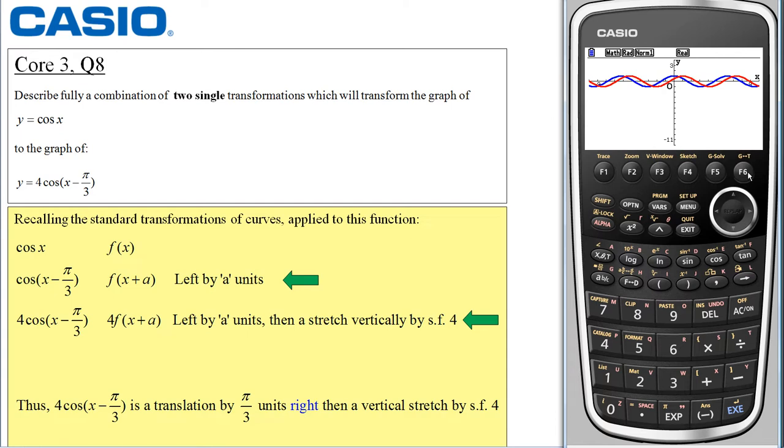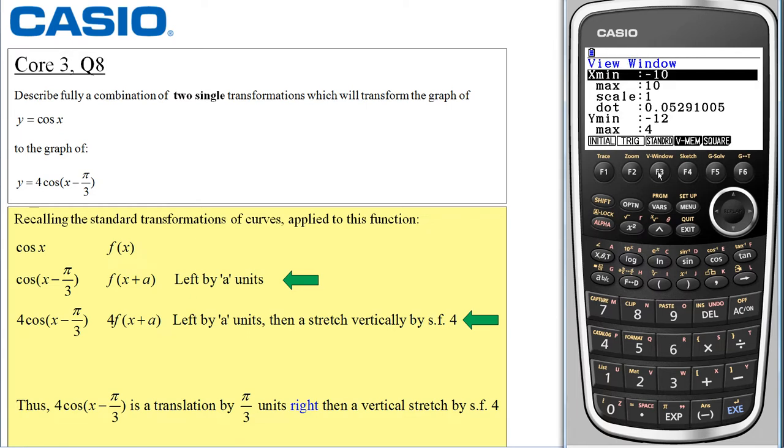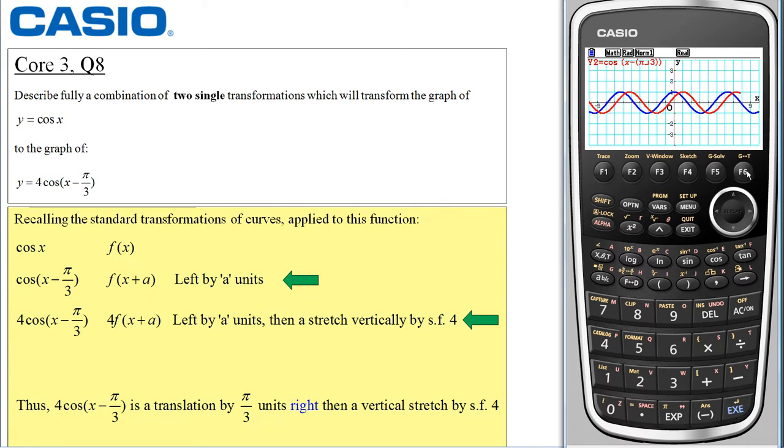Okay, now I can see that there's clearly a translation going on, but actually at this scale it's quite hard to see. So I'm going to change the V window settings, and certainly the Y minimum does not need to be minus 12, so I'll change that to minus 4 to begin with, and then select execute and F6 to draw.